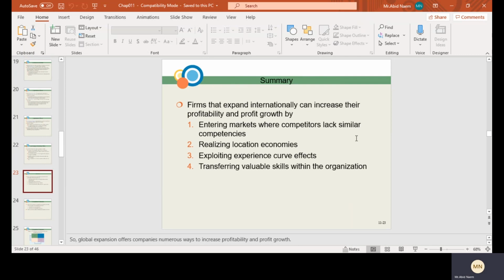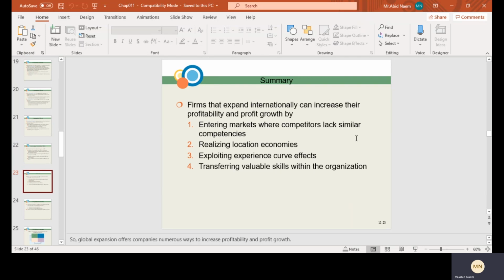Let's summarize this overall phenomenon and then we move on to the next point. Firms that expand internationally can increase their profitability and profit growth by entering markets where competitors lack similar competencies.